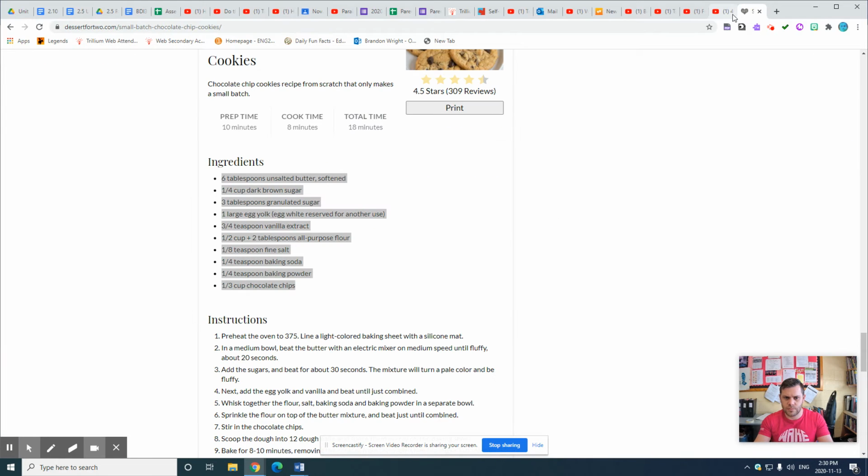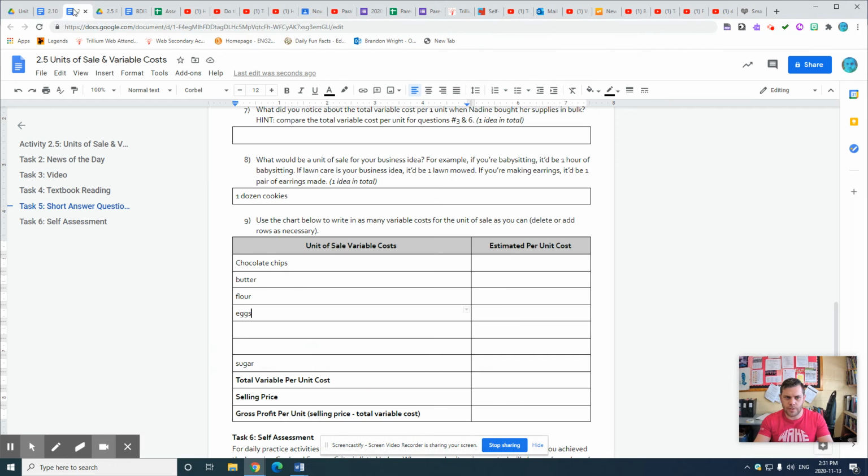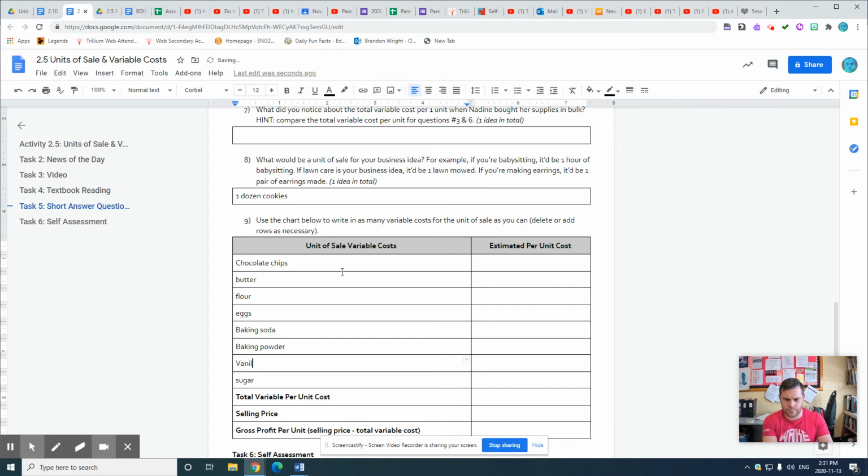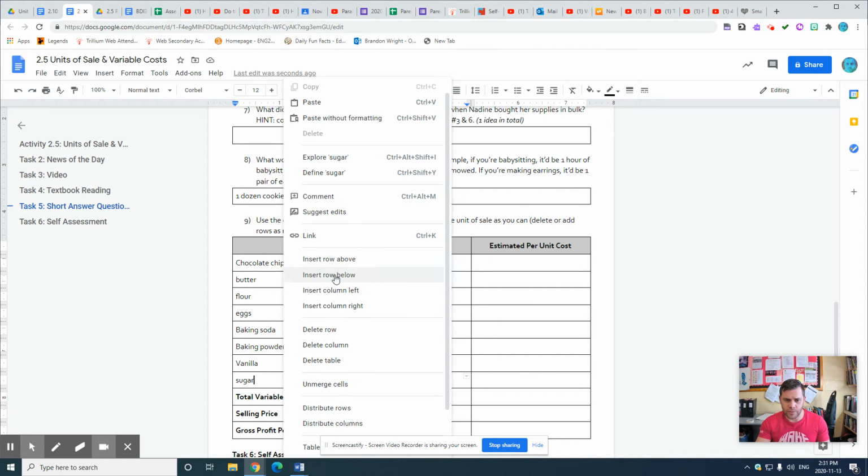Eggs, baking soda, and baking powder. Okay. Vanilla. Okay, so I listed, oh, also, let's not forget the most important part.